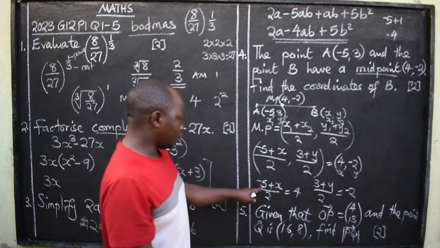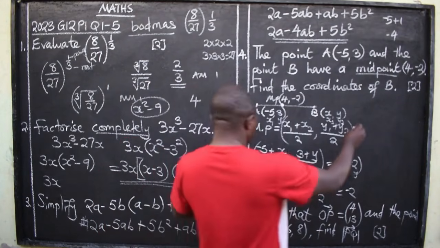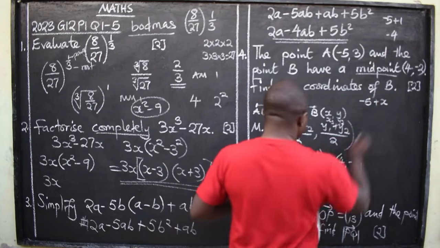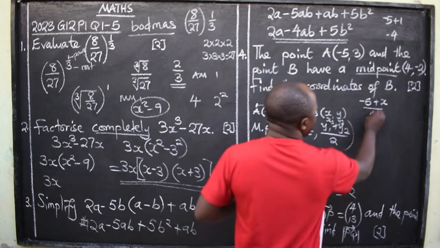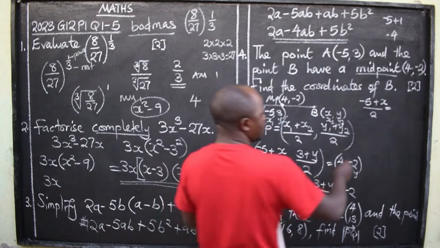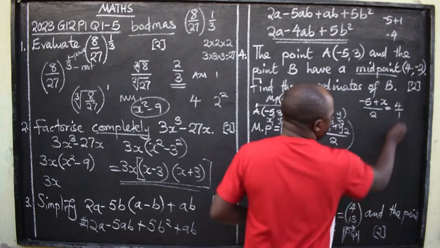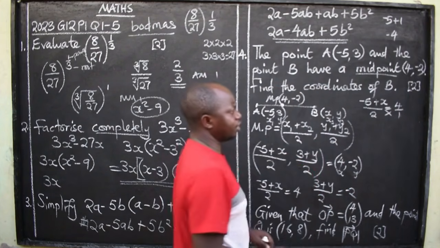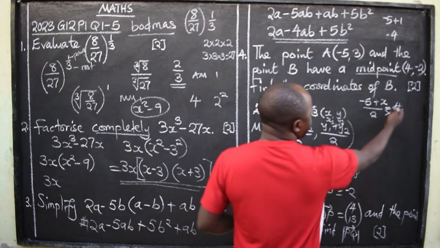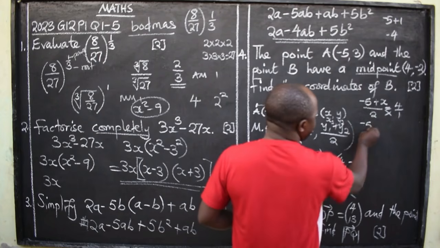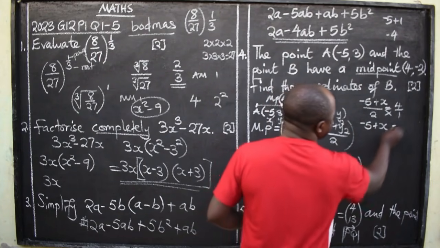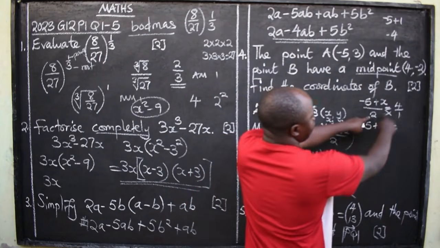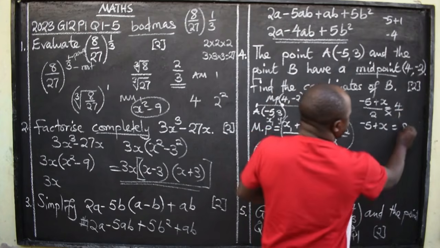Simple. So when we start with this one, we can say (-5 + x) over 2 is equal to 4 over 1. We can cross multiply, as this is a fraction, also that a fraction. So negative 5 plus x times 1, that is x minus 5, is equal to 2 times 4.